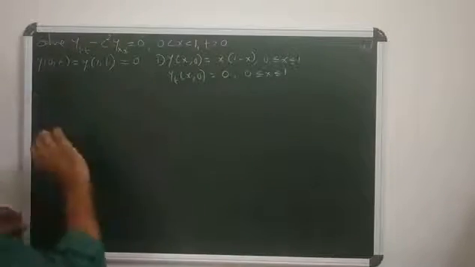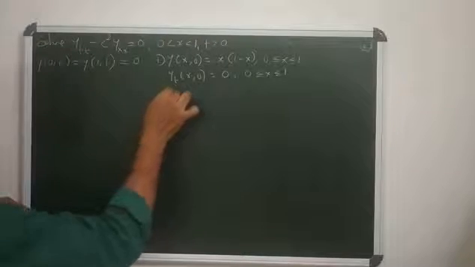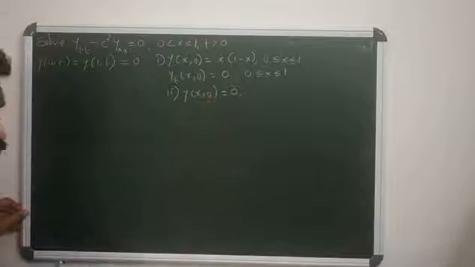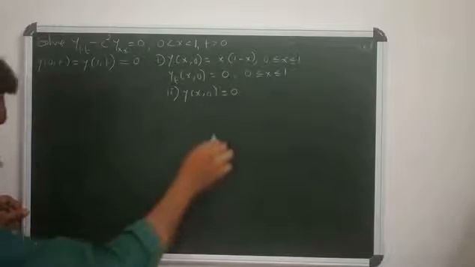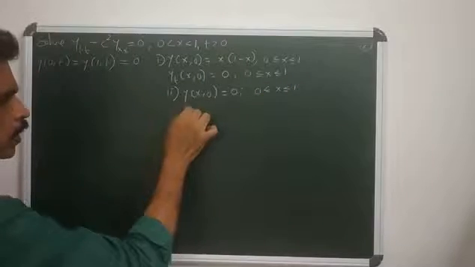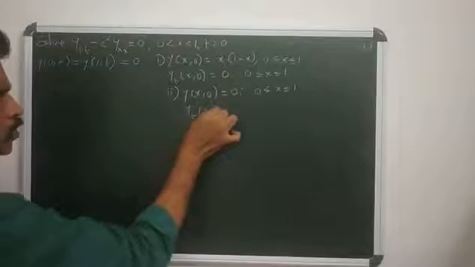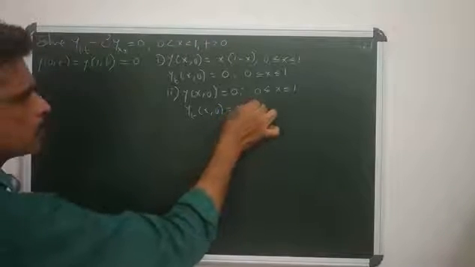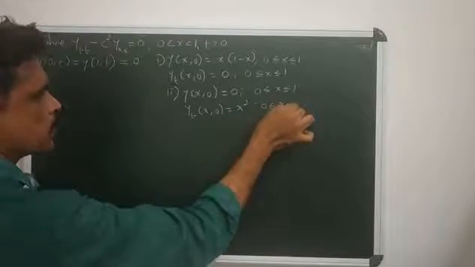And the second condition is y(x,0) equals 0 if 0 less than or equal to x less than or equal to 1, and yt(x,0) equals x square if 0 less than or equal to x less than or equal to 1.